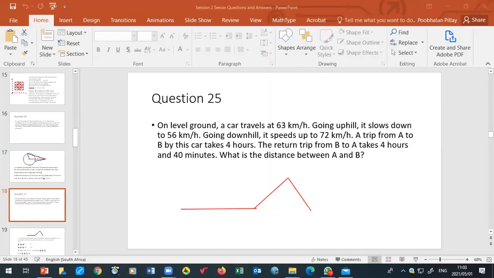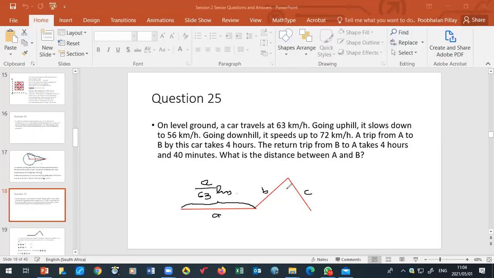Let's call this distance here A. Flat ground, uphill B, downhill C. So when it's traveling on flat ground, it travels at 63 kilometers per hour, which means that the time that it takes to travel on flat ground is A, the distance over speed. That's the time that it takes in hours.